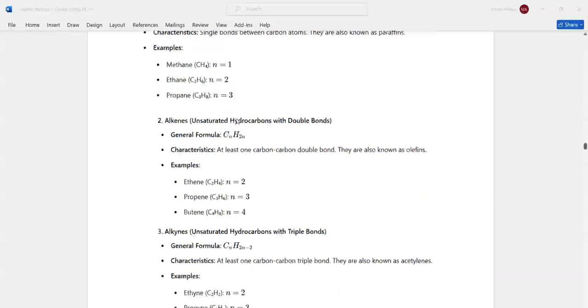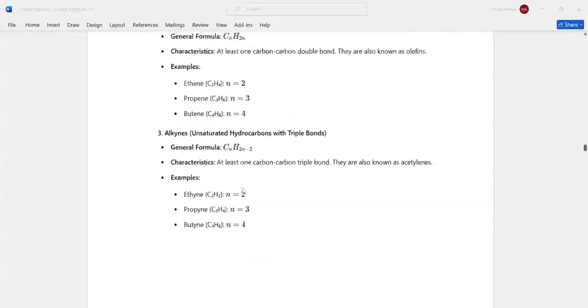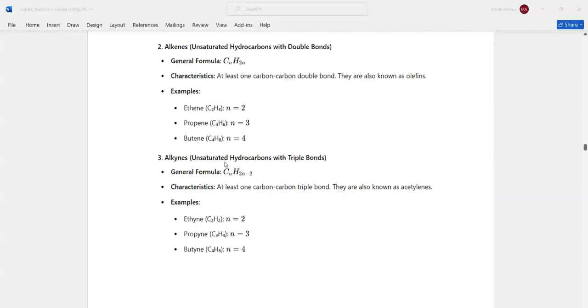Then we look at the alkenes. These are unsaturated hydrocarbons, and they have the general formula CnH2n. Ethene has 2 carbon atoms, so I substitute in here and have C2H4. Propene has 3 carbon atoms. I substitute in this formula and will have C3H6, and so on and so forth. Then the alkynes, those have triple bonds.